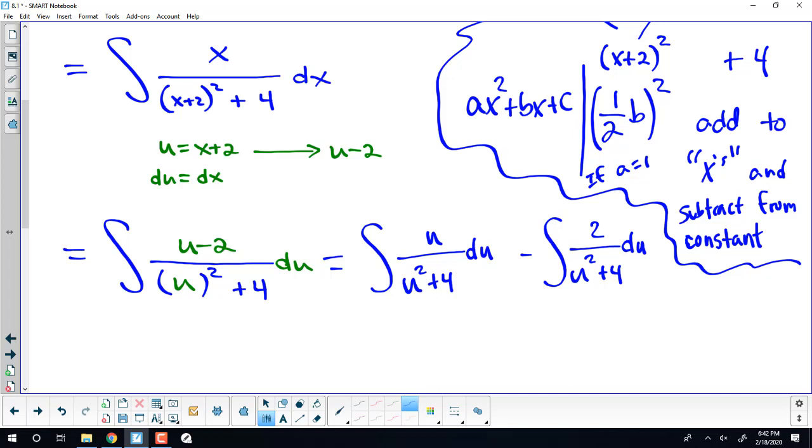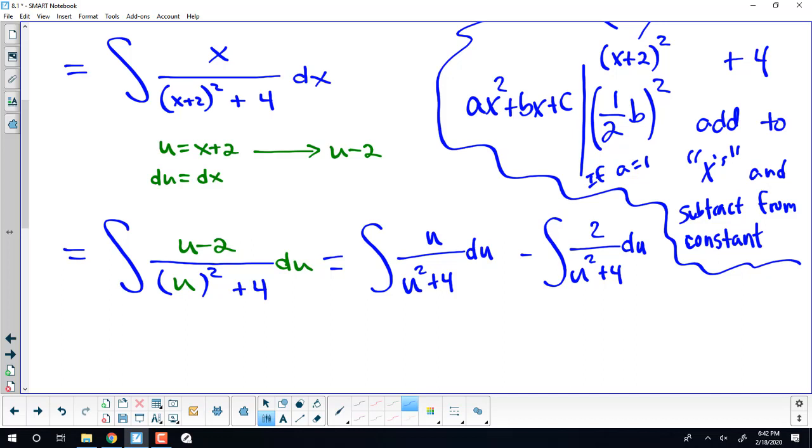So that's something we can do, right? We couldn't do that with the original one, x over square plus 4. So then we look at both of these and ask, is each one something I can find the antiderivative of?